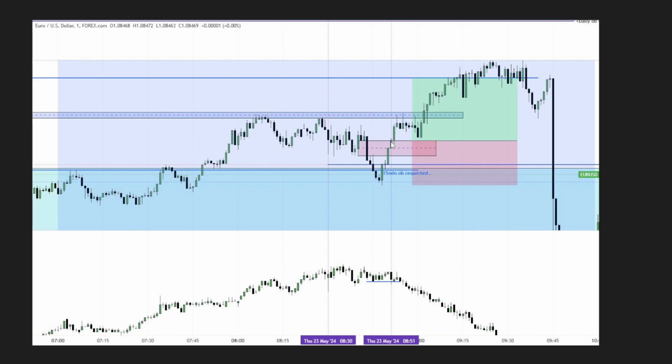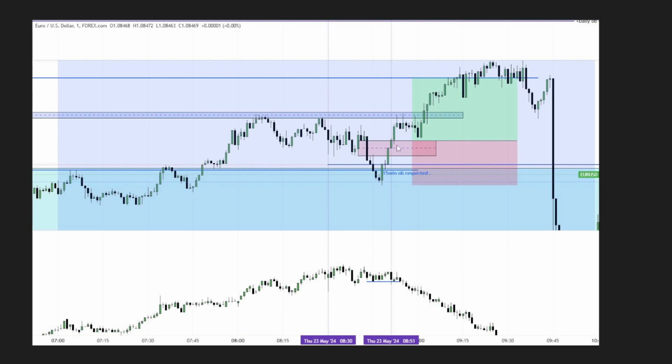So if those two cases are satisfied, then we will move into the DXY chart. At the very same time, the DXY chart gave a market structure shift to the down, so all the criteria are satisfied, so we can take a trade.